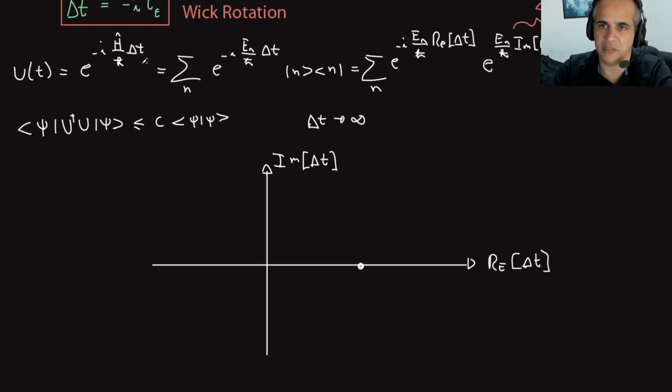I'm assuming this Hamiltonian is bounded from below. I have a discrete spectrum of energies, and there's a minimum, which I can take to be 0, since I can always rescale to get that energy to 0.